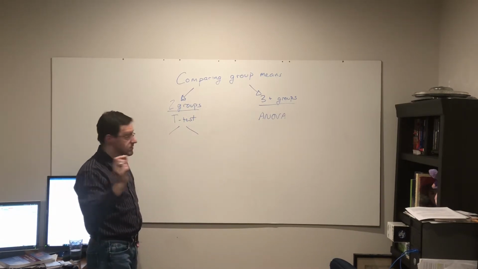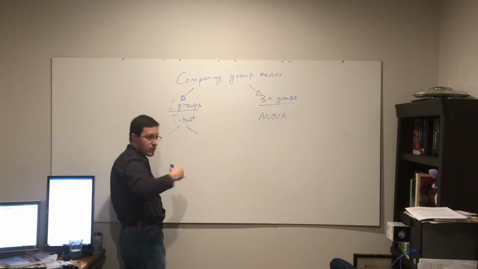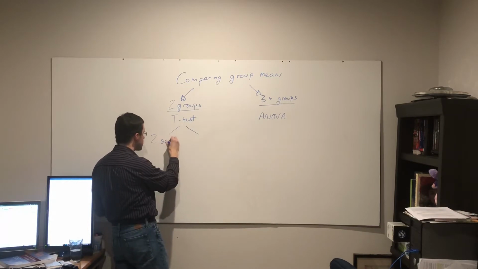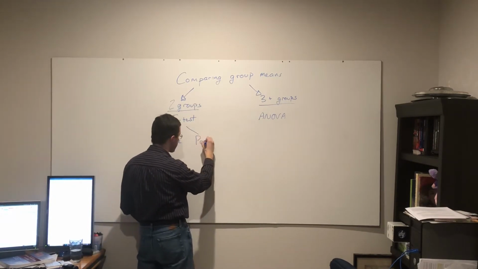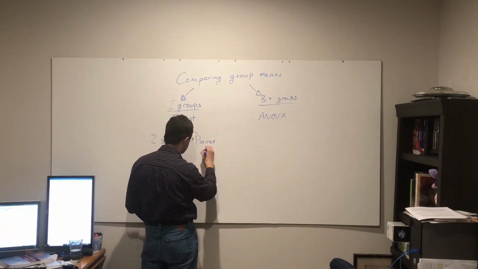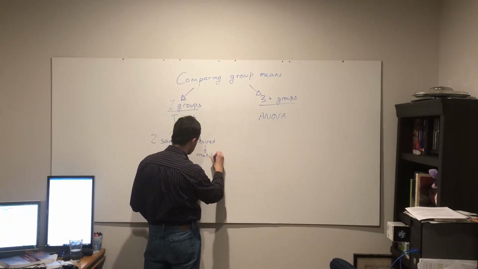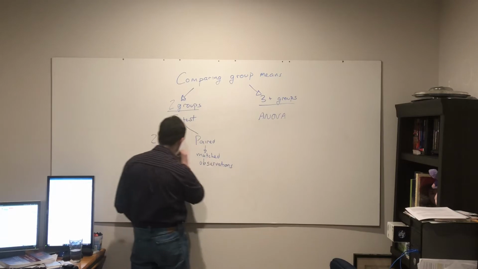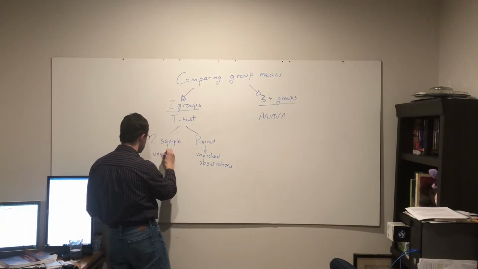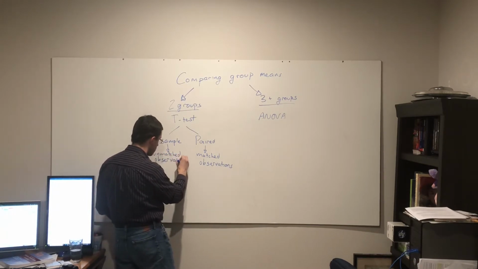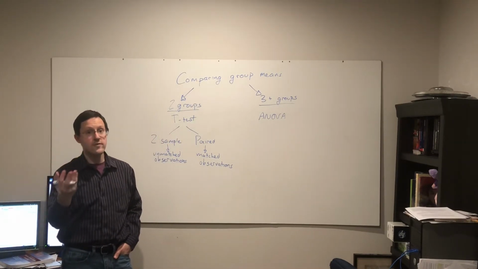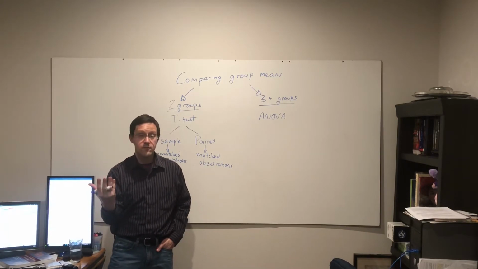The t-test, strictly speaking, for 2 groups, we had 2 different kinds. So 2 sample, and the question there is whether or not we had the observations matched as pairs.